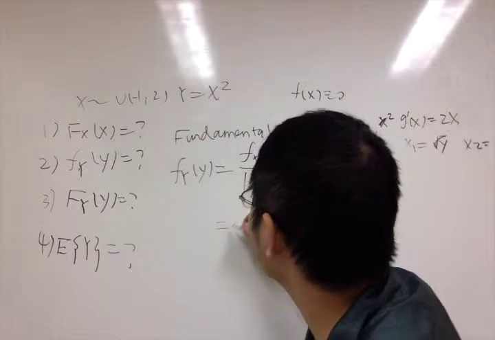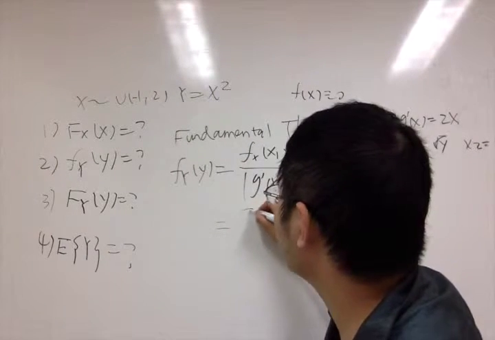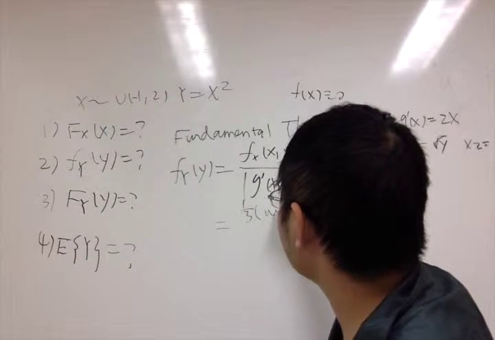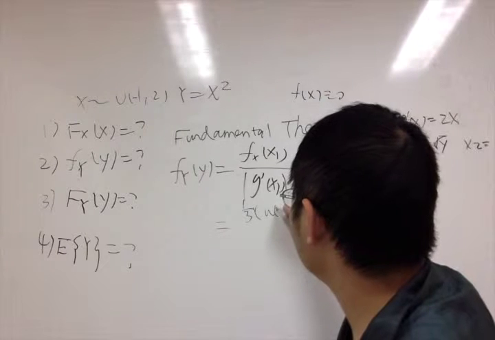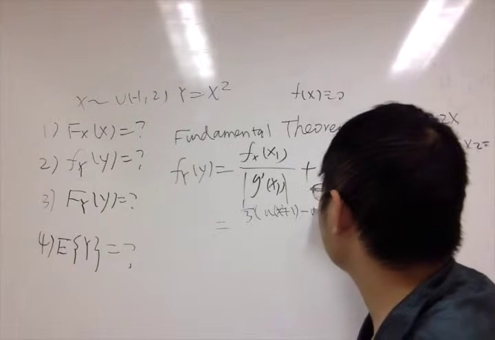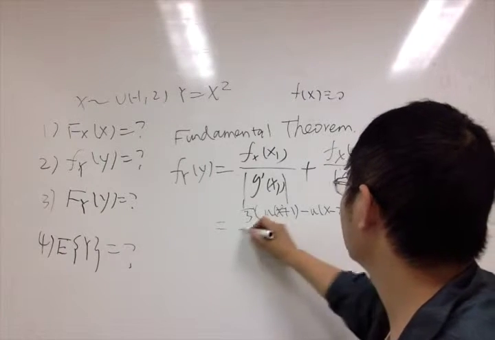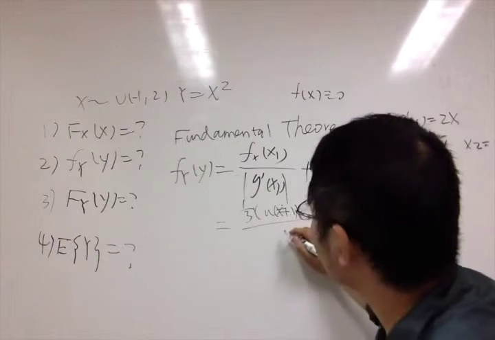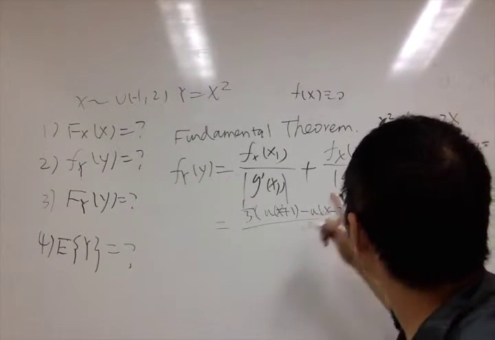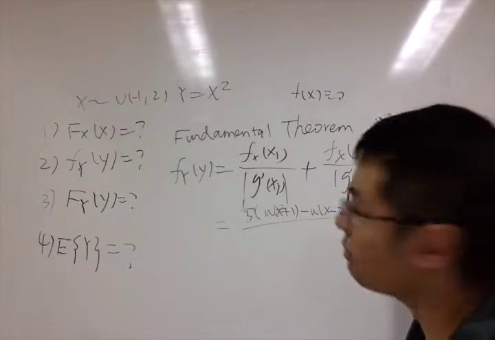When we write fx, we could write it like this: 1/3 times the step function of x minus 1, minus the step function of x minus 2. We must substitute x with the expression in terms of y.